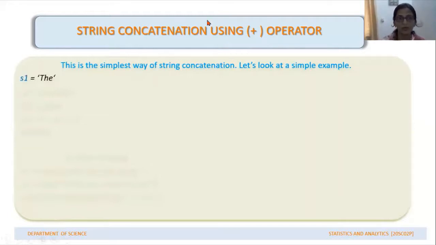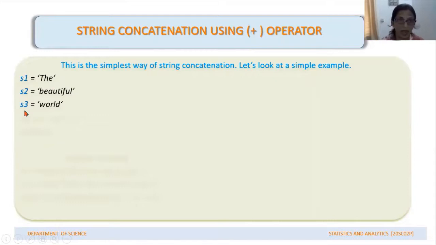Let me store a string, a combination of characters, in a variable S1. How can I say that this is a string? I have wrapped it within single quotes. Now let me store another string in the second variable S2. Let me consider a third string also, which I have stored in S3.